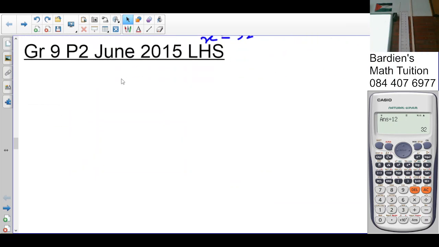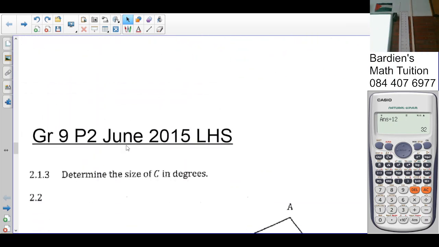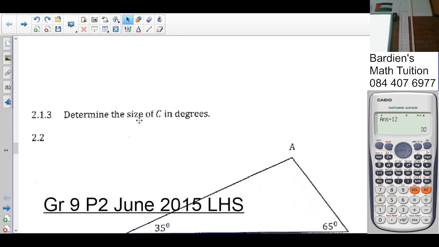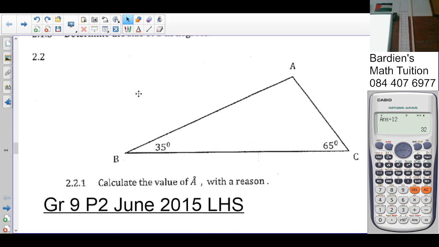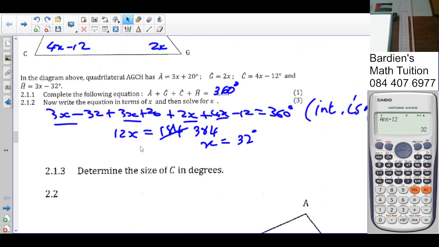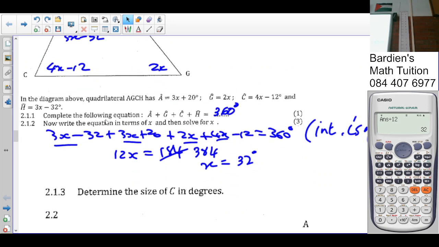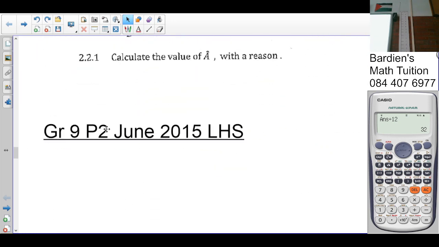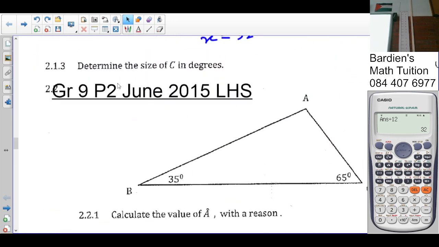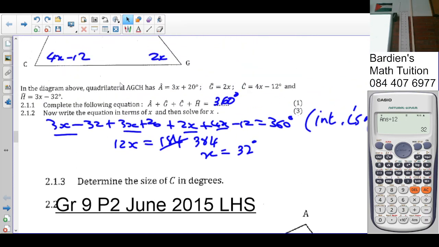The next question is then it says determine the size of angle C in degrees. So if you look at angle C, it's going to be 4x minus 12. So angle C is 4x minus 12.